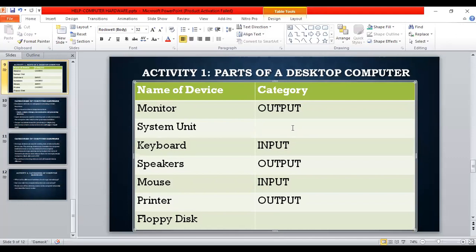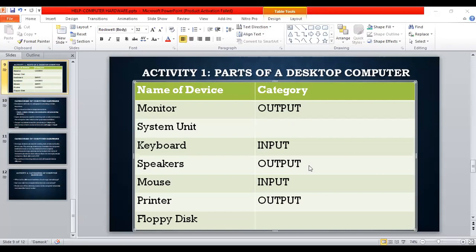Okay, system unit. In the chat, we had Owo Jonan, who mentioned that a speaker is an output device because it is used to generate sound, which is very right.